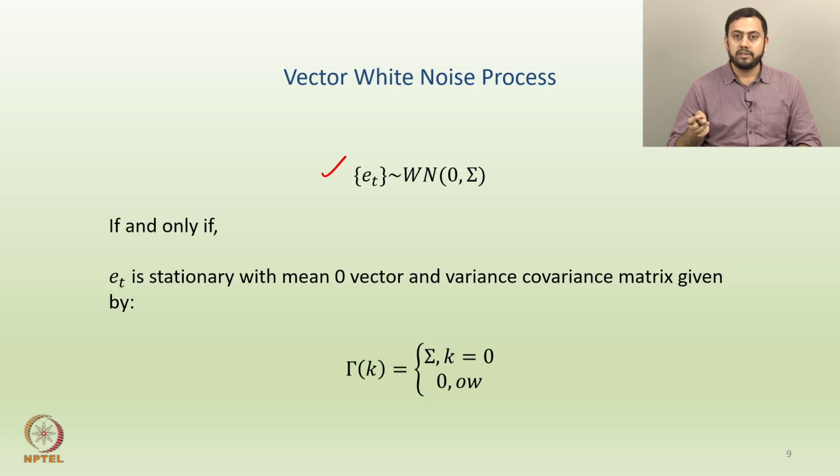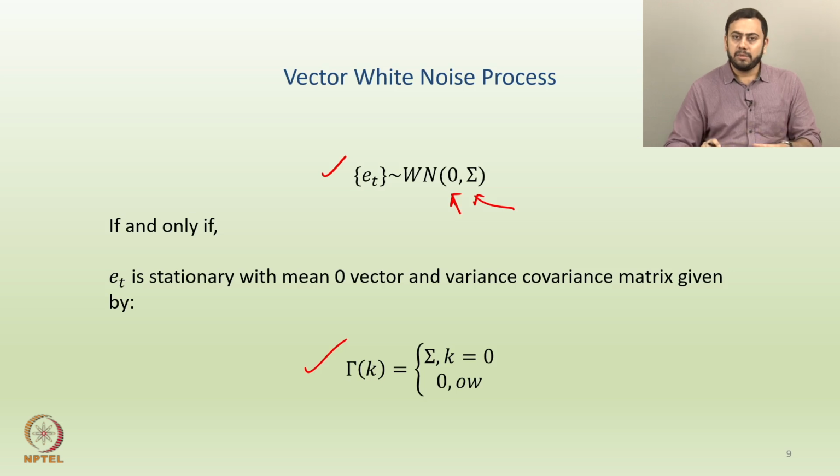WN stands for white noise, the mean is a 0 vector, and Sigma is the variance covariance matrix. We say that the collection epsilon t follows a vector white noise process if and only if epsilon t is stationary with mean 0 vector and the variance covariance matrix given by this structure: gamma k equals Sigma whenever k is 0, and for any other value of k, gamma k should be 0.